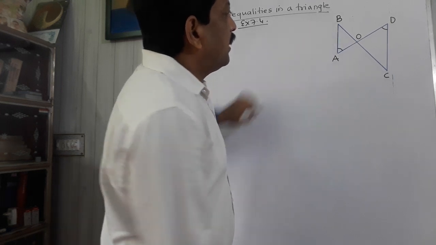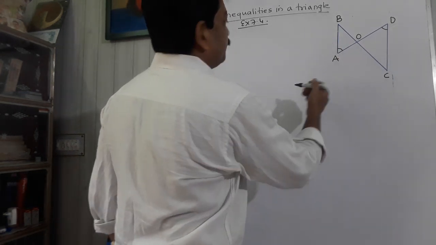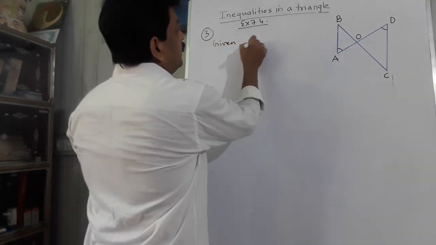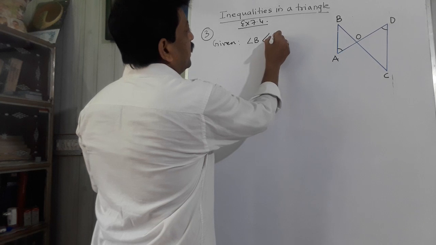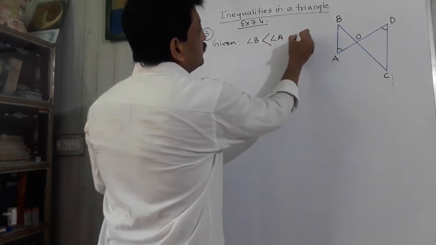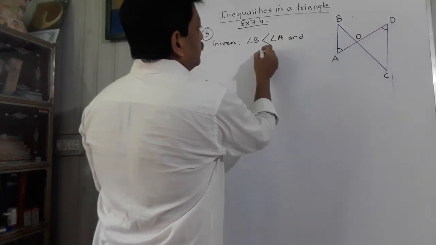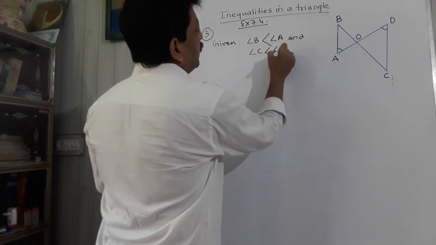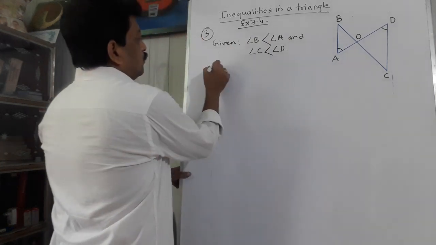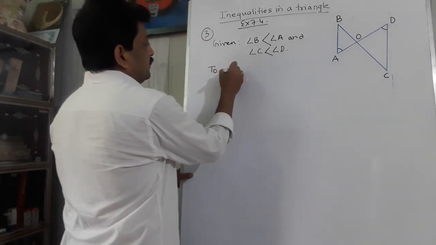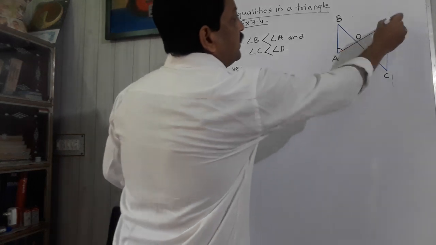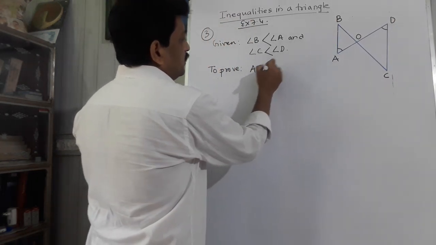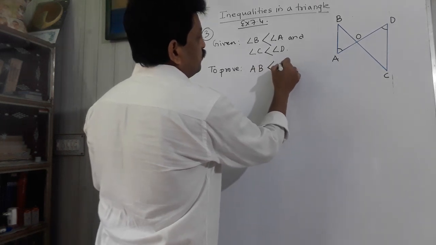In this triangle, it is given in the question that angle B is less than angle A and angle C is less than angle D. We have to prove that AD is less than BC.